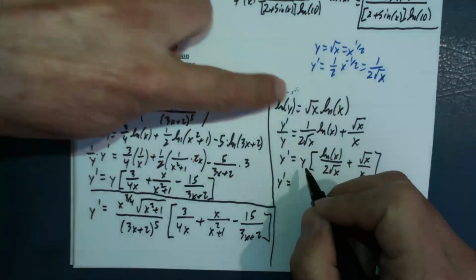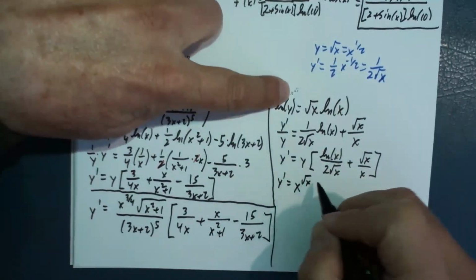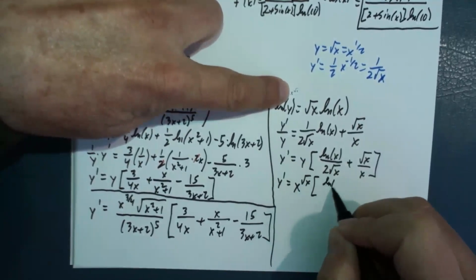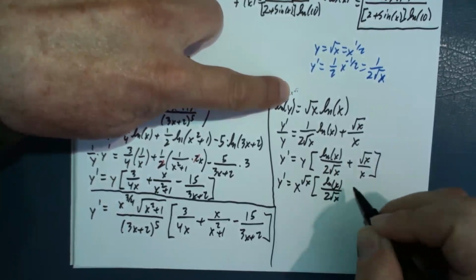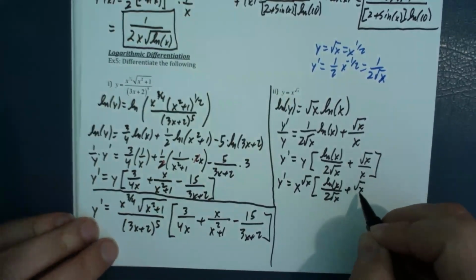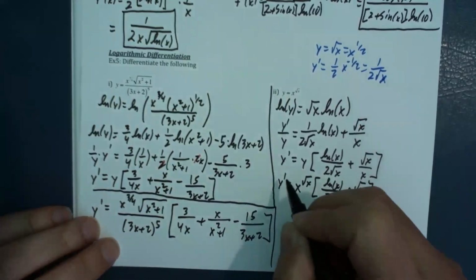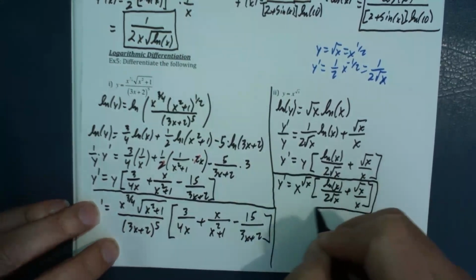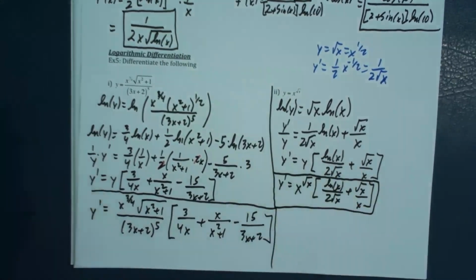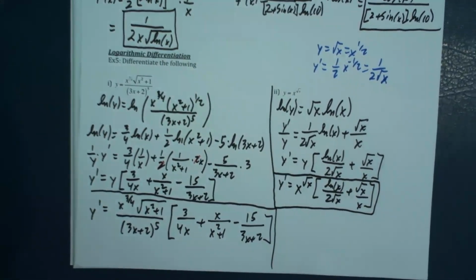And y, remember, is x to the root x. And that is logarithmic differentiation. There are other ways to use logarithmic differentiation that make a lot of the derivatives a whole lot easier. I hope that was helpful.